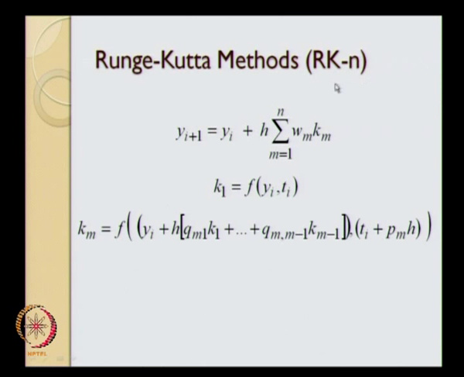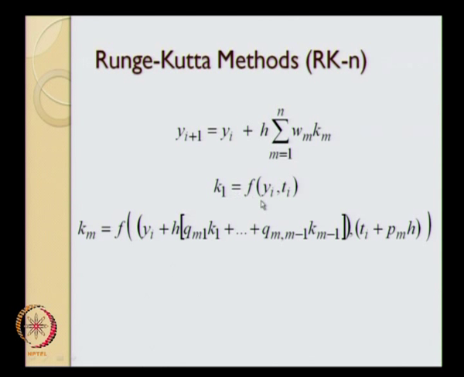We can then go on to discuss a general RKn method, which will be written as a weighted sum of slopes K1, K2, K3 up to Kn. So it is H multiplied by W1 K1 plus W2 K2 and so on up to Wn Kn.